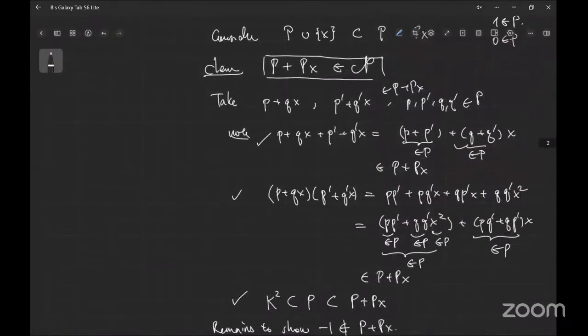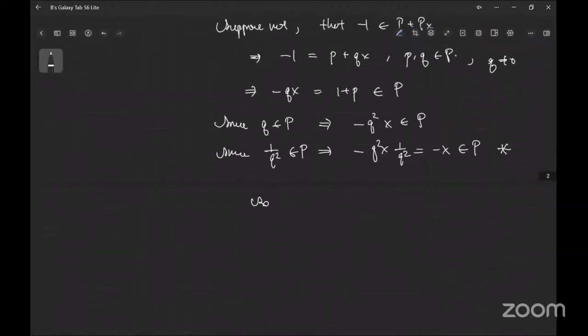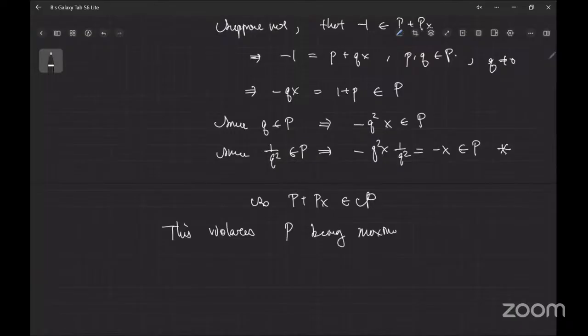That means P + PX is an element of our collection. This violates P being maximal, because P is now strictly contained in P + PX. It does not have X, right? So it's strictly contained. So contradiction.